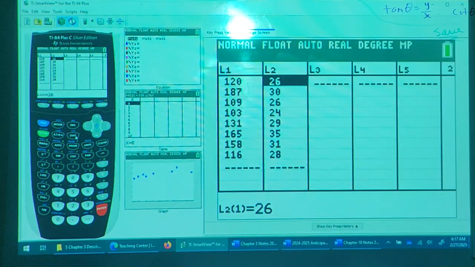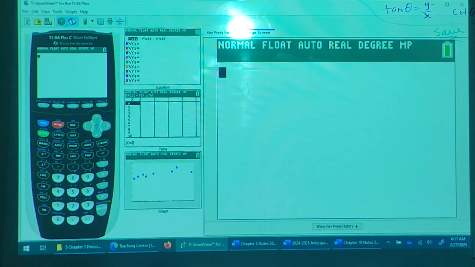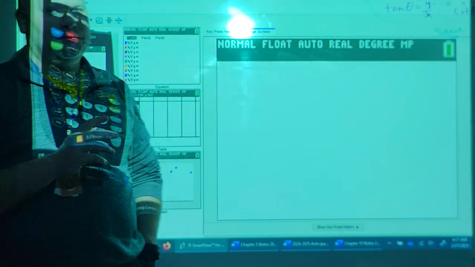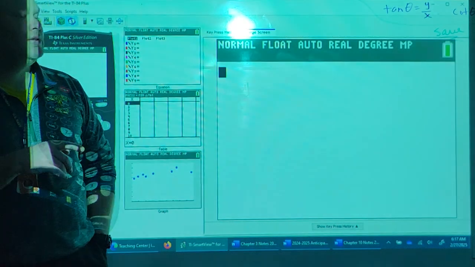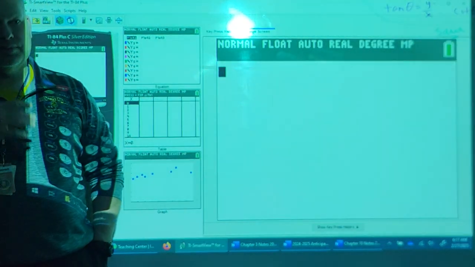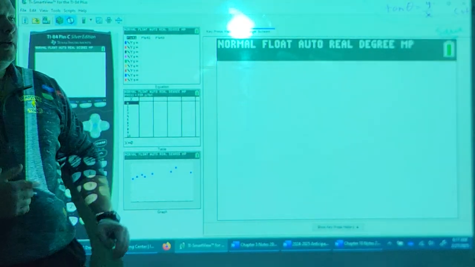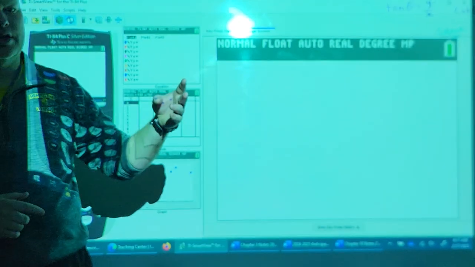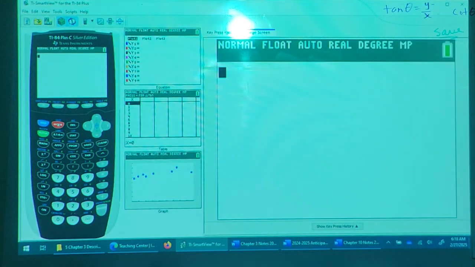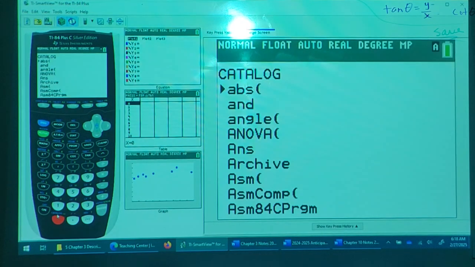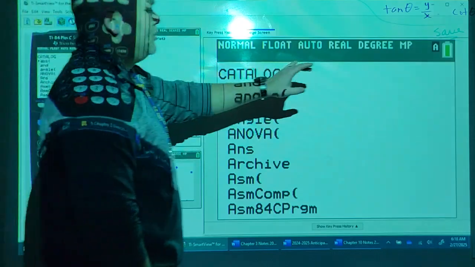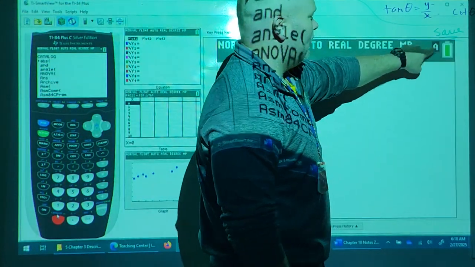Once you've got them in there, go second mode and quit back to your home screen. Now this next step, you're only going to have to do it once, unless your battery runs out or your RAM resets in your calculator. We're going to change a setting and it will stay changed. Go second 0 into the catalog, and it should pop up as alpha code up here.